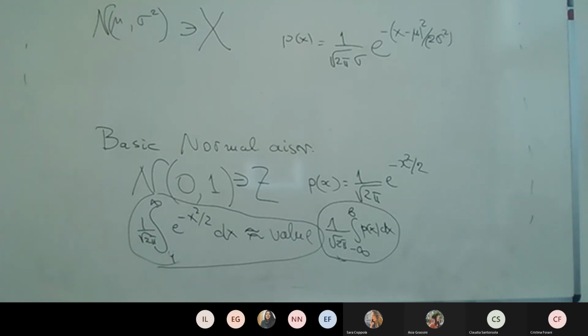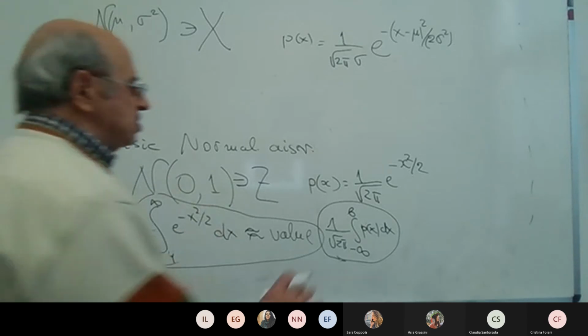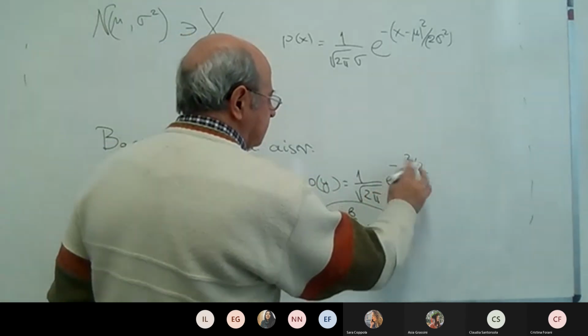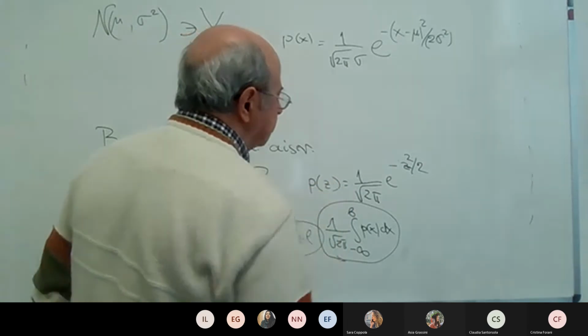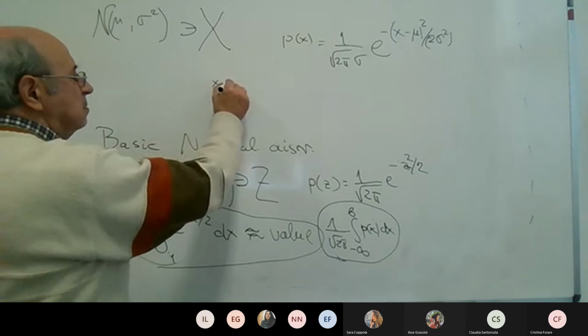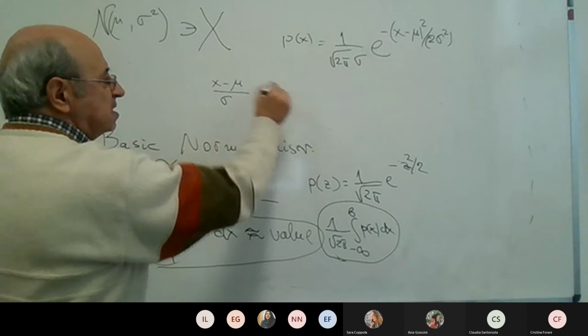So what can we say about the connection between x and zeta? If I, for the moment, change the variables and call this zeta, how shall we switch from variable x to variable zeta? It is very simple. We have to take (x minus mu) divided by sigma as our zeta.